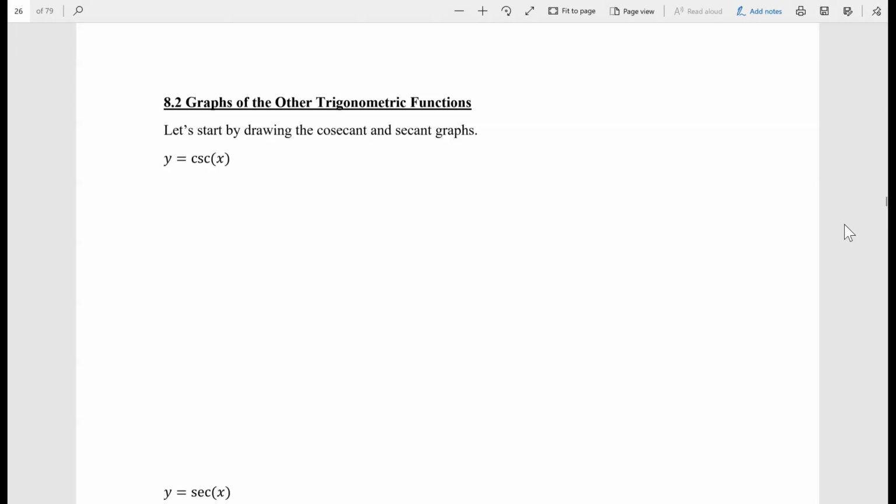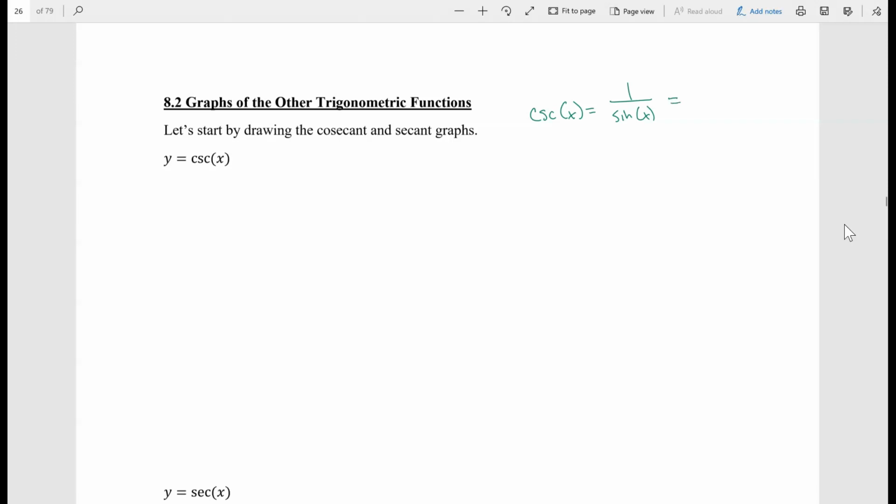One of the things to know about cosecant, if you remember, is that cosecant of x, using one of the identities, is just the reciprocal of sine. So when you think about the sine function, remember that sine goes through 0 at many different times.